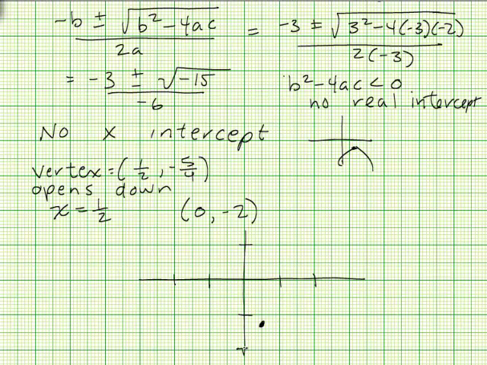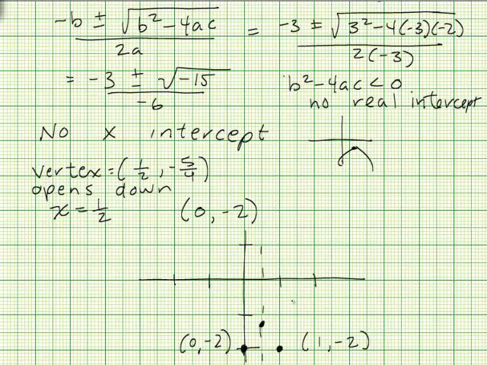We also know that our y-intercept here is at 0, -2, and because our axis of symmetry is here at x equals 1/2, whatever happens on this side has to happen on this side. So we know we have another point here. This is 1, -2. This is 0, -2.